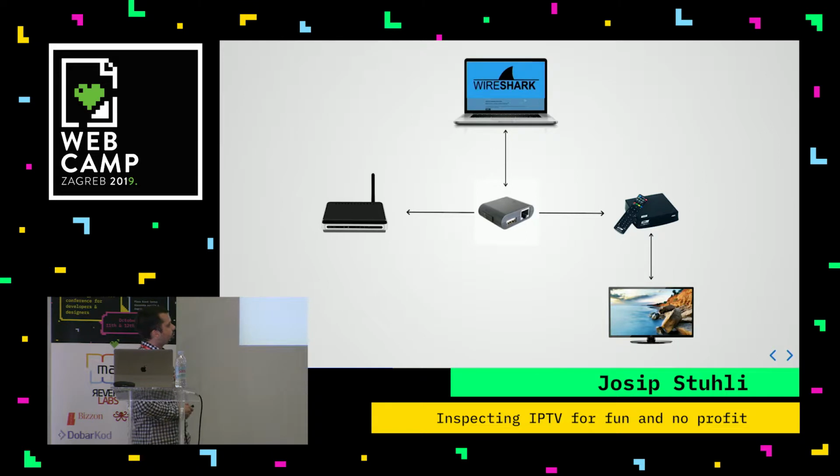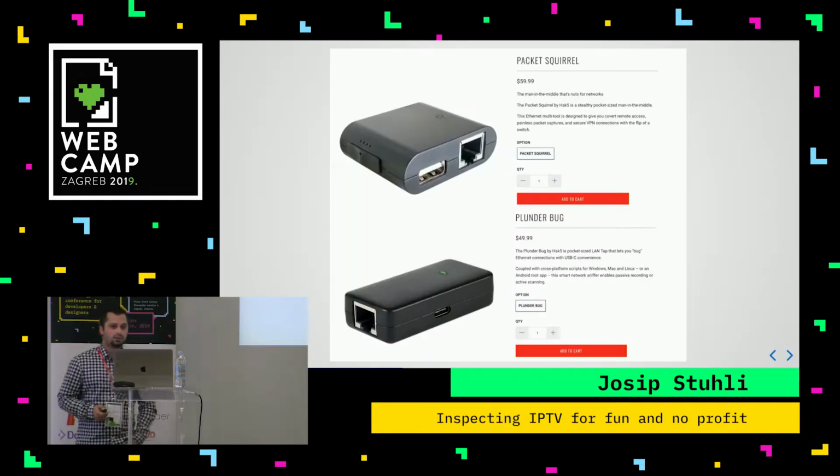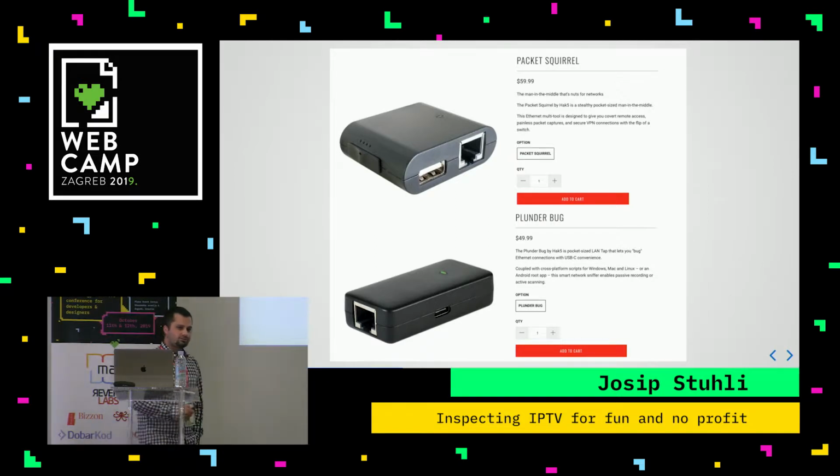You just buy one, connect one end to router, the other end to whatever device you want, and all of the data flowing will be visible. And they're actually not that expensive. You can get one for 50 or 60 bucks. But the problem was, I needed it now, not in a couple of weeks when delivery came.